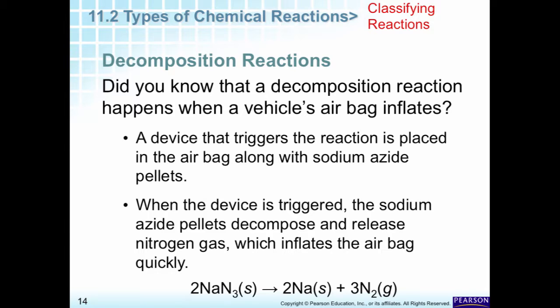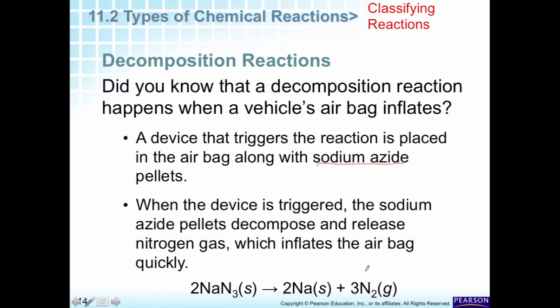All right, in the car we've had a lot of talk about Takata airbags recently, and the reaction is a decomposition. In that airbag there is a chemical called sodium azide, NaN3. Anytime you have an azide, these are fairly unstable compounds. When it's triggered, these pellets decompose and release sodium and nitrogen.